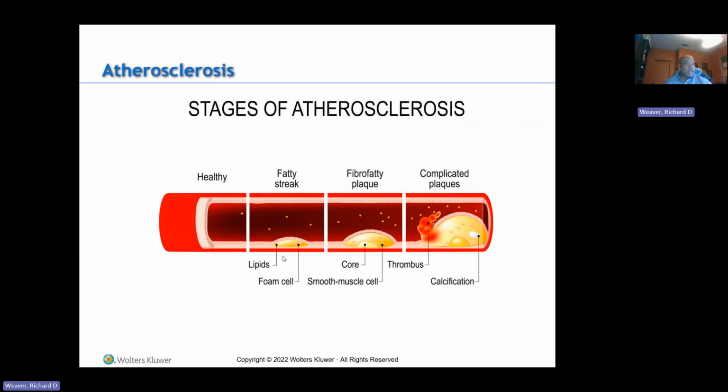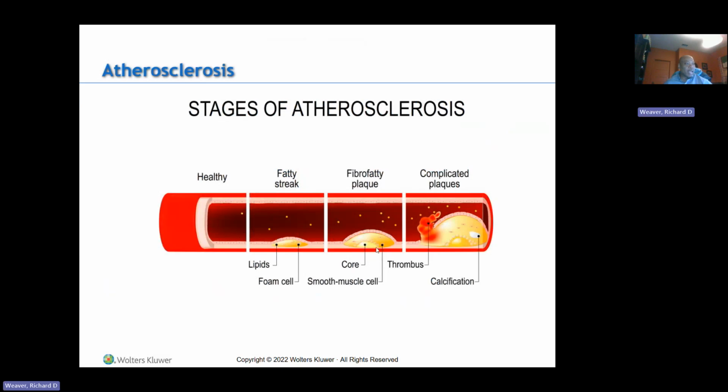When someone begins to develop all this plaque buildup due to the lipids, they create this foam cell from the increasing lipids.